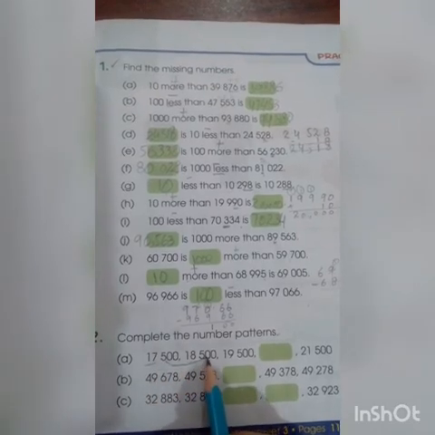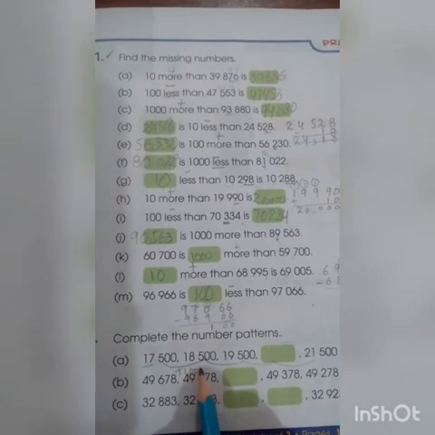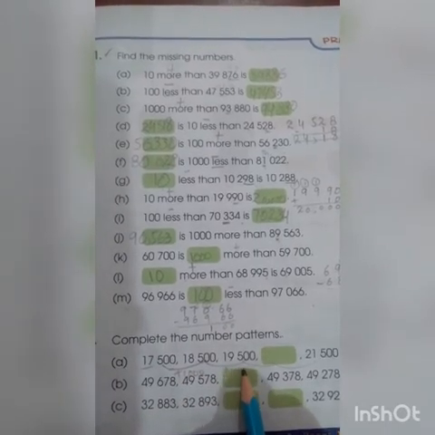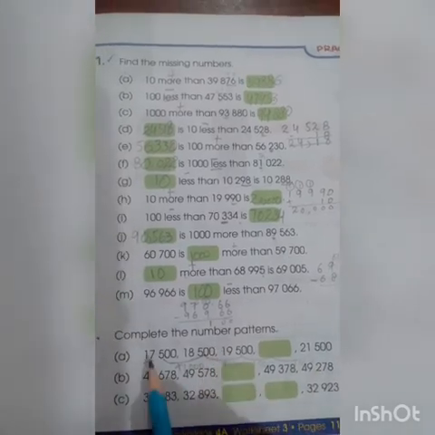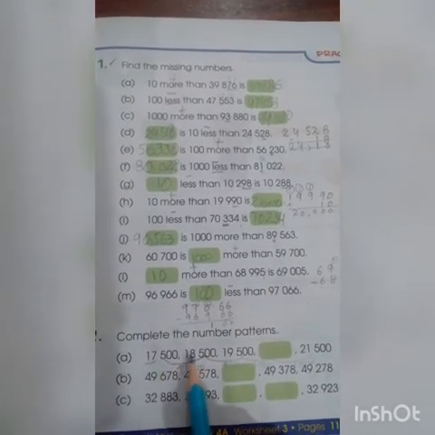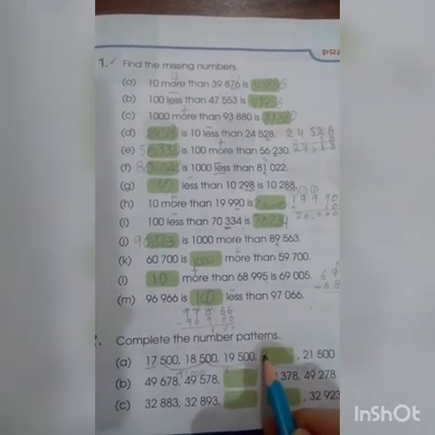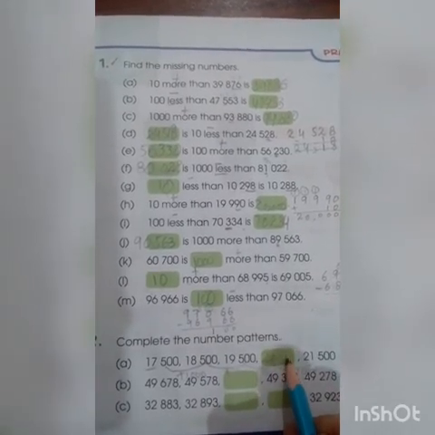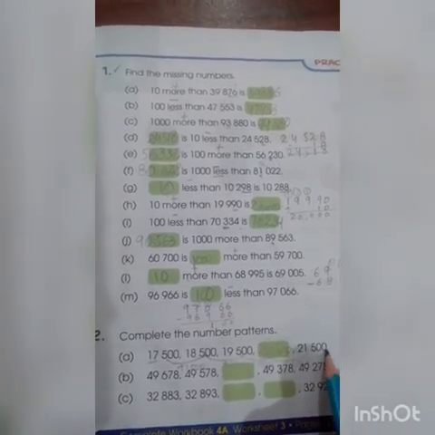So we add 1000 to each number to get the missing number. 17,500, 18,500, 19,500 and now 20,500. If we add 1000 to this number, we get 21,500.